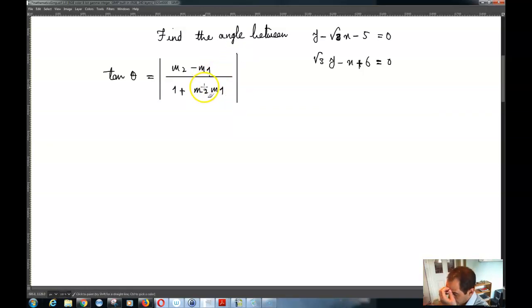So that means that if you have the slope of the first line and the slope of the second line, you can put it over here, and that will give you tan of theta, and then based on that you will be able to find theta, which is basically the acute angle between those two lines.